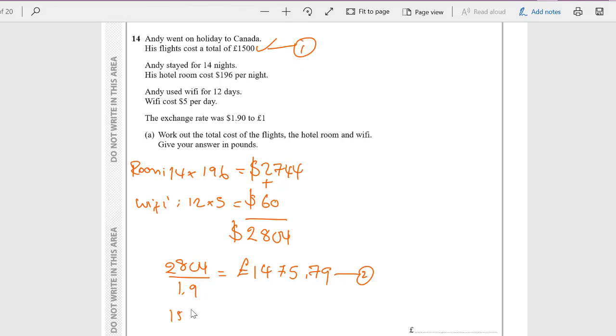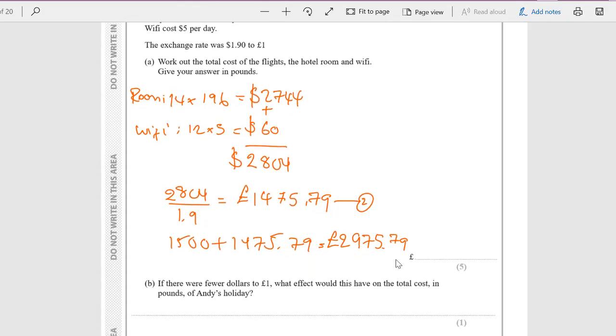So 1,500 plus 1,475 and 79 pence will give you 2,975. Don't forget the 79 pence. So that's how much his total holiday cost.